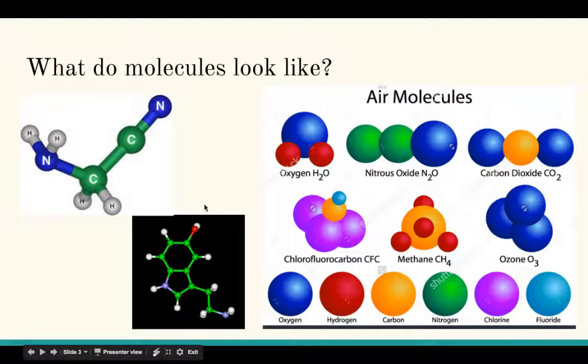So as a quick glance, we have a bunch of different atoms here, and there are bonds between them, so that's a molecule. Same for down here. These are a whole bunch of molecules that are in our air. They're really cool to talk about when you're in earth science.